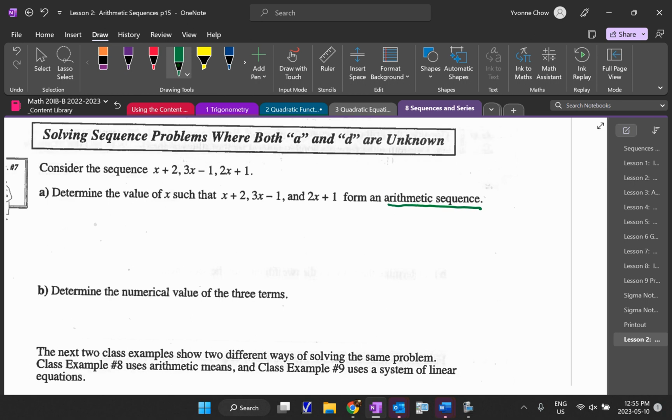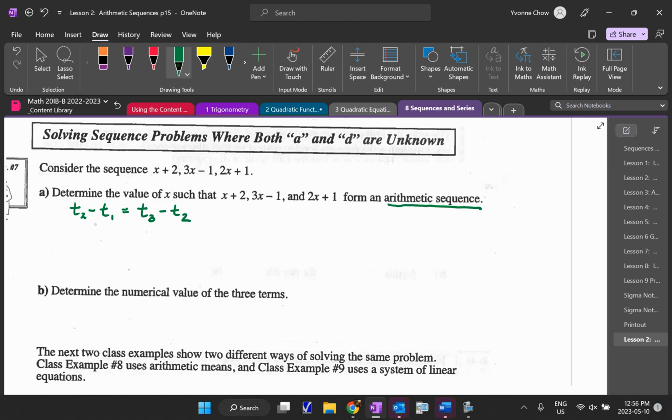What makes an arithmetic sequence is the fact that there is a common difference. We don't know the common difference, but you could find it by doing term 2 minus term 1, and that should be the same as term 3 minus term 2. Since we have that, we can substitute those expressions in to build our equation.